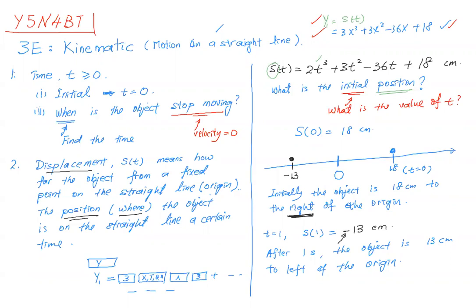Are you clear? So they just tell you the position of the object on this straight line. So now you understand the meaning of displacement? Okay, first one, second one. Then we are going to the third one.